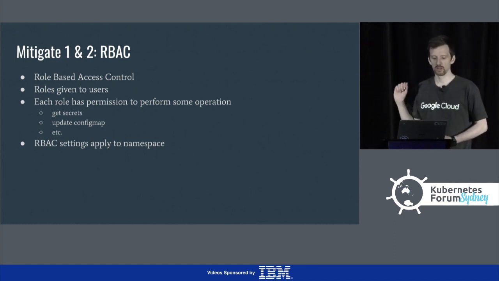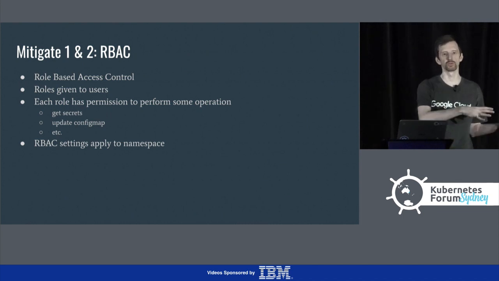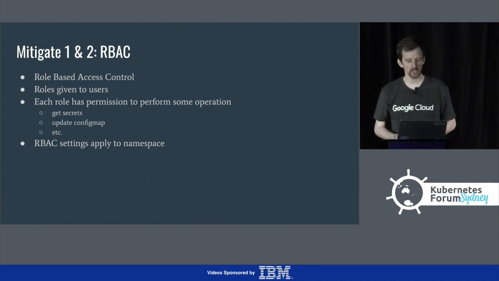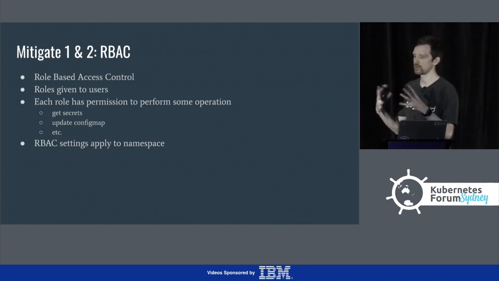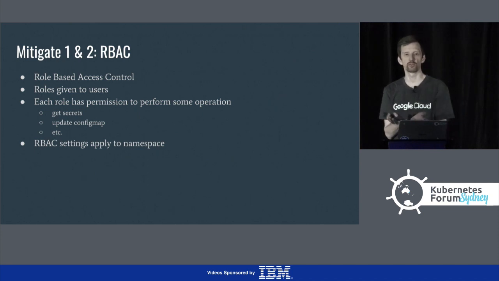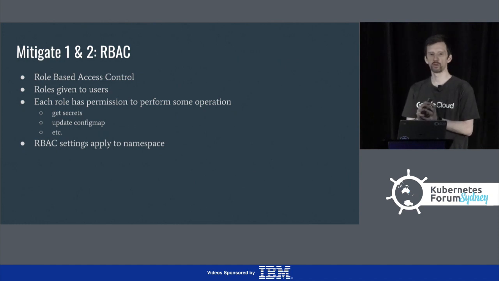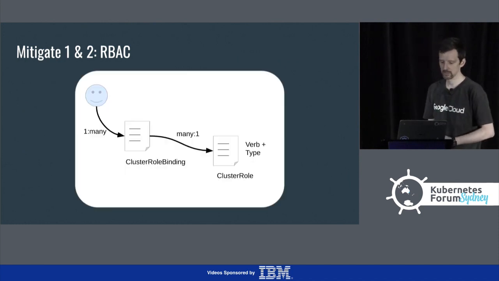You give a number of permissions to a particular role, and then you can give that role to a user. And RBAC can apply to a namespace, so you can segment those permissions or roles to a particular namespace, or you can create them cluster-wide.